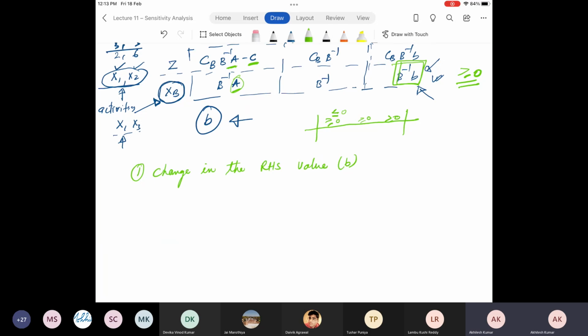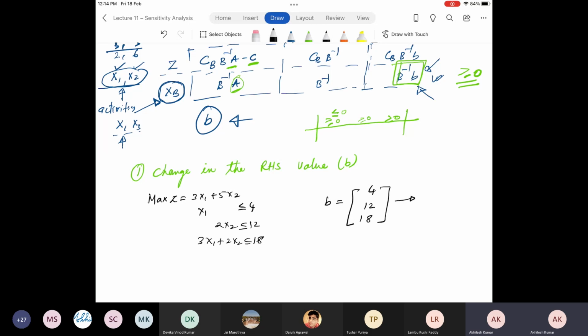Suppose my original problem was maximize G equals 3x1 plus 5x2, x1 less than or equal to 4, 2x2 less than or equal to 12, and 3x1 plus 2x2 less than or equal to 18. Now my current b vector is 4, 12 and 18. Now I have invested some money and found out that I now have 24 hours in plant 2. What would be the effect?